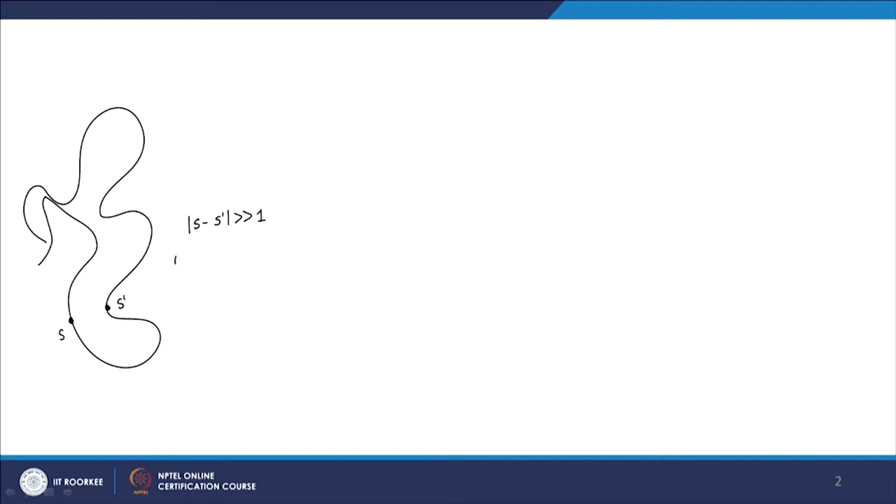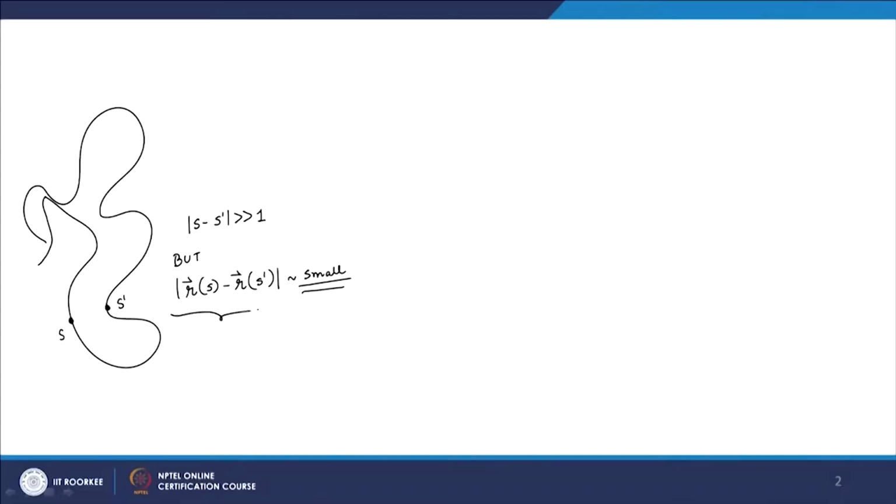But the physical distance is small, and the idea here is, what do we mean by small? Small meaning that whatever interactions we are considering should be important for that distance. Okay, and I will be elaborating on this particular point. So, let us call this quantity R and we'll elaborate more on this.